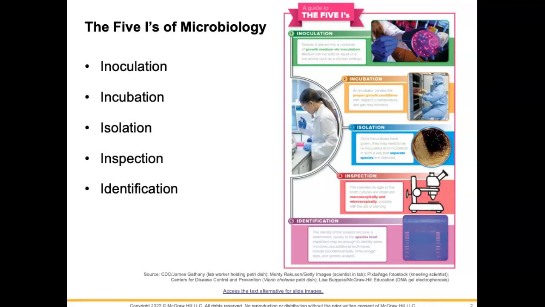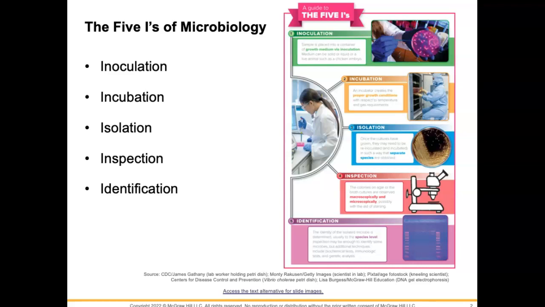Then once we incubate it, usually for 24 hours, we'll look at it the next day and we will note if there are multiple different microbes growing on that plate. Some may be the normal flora from our skin or our body, depending on where the specimen was collected from. And we need to isolate what might be the pathogen within that culture. So we need to separate out or isolate the pathogen from the normal stuff that is part of us.